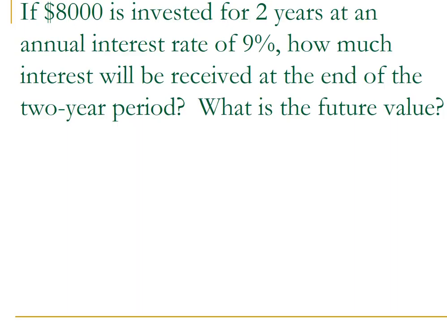if we look at that formula, future value is A equals P plus I. Well, we know that the principal, what we started with, is 8,000.